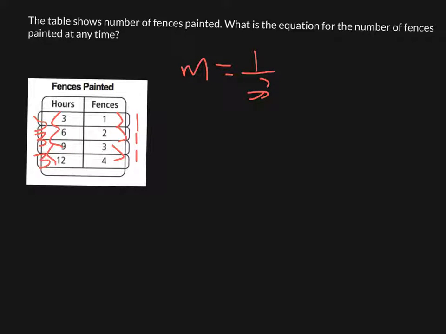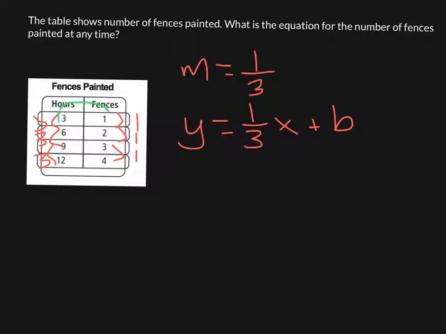So there's my equation. Same thing, I don't have my b there. So we're going to do a separate little problem to find that, like we did on the last one.